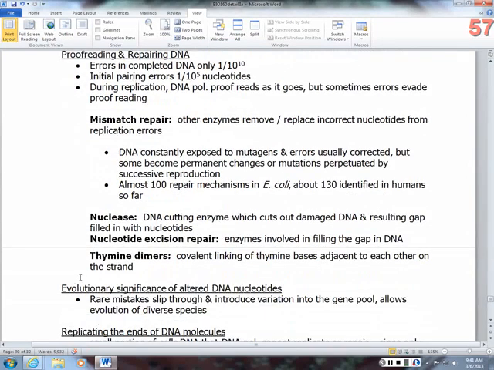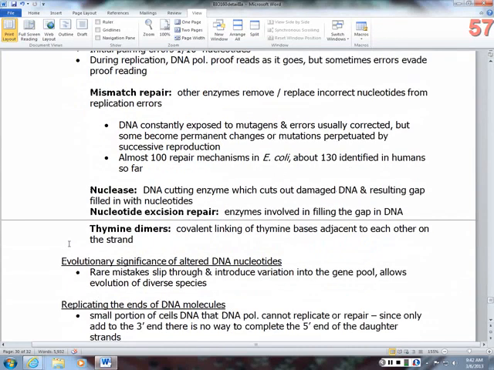They're in there. You missed them. And it's the same thing that could happen with the DNA in there. So we know in E. coli, it has almost 100 repair mechanisms. So far, we've identified about 130 of them in humans.